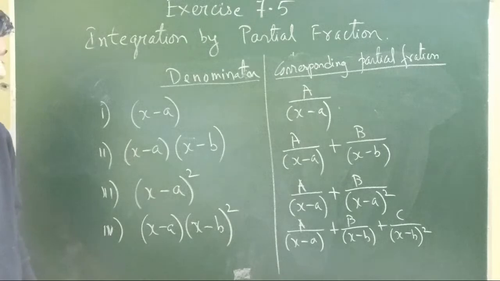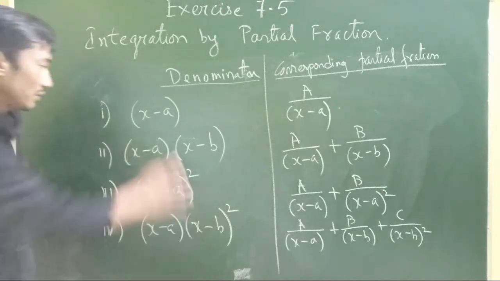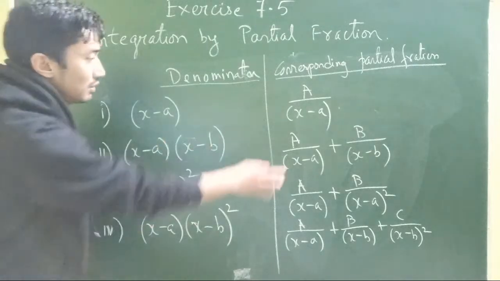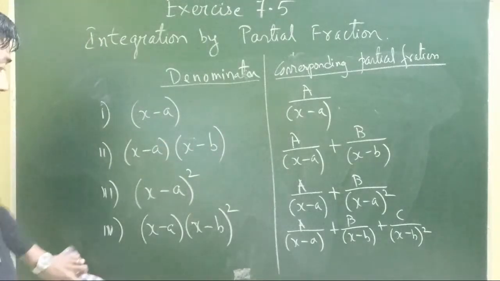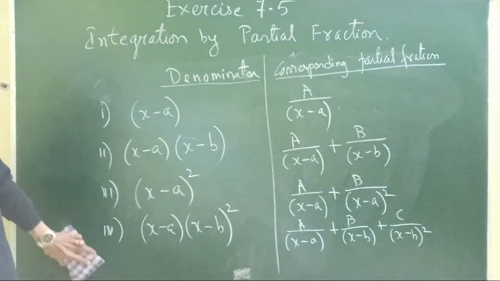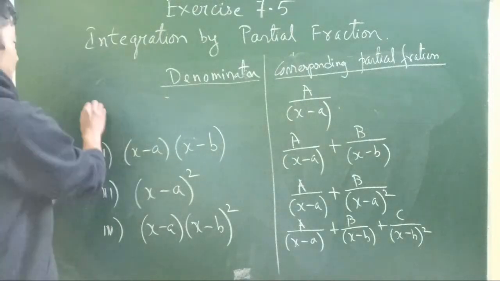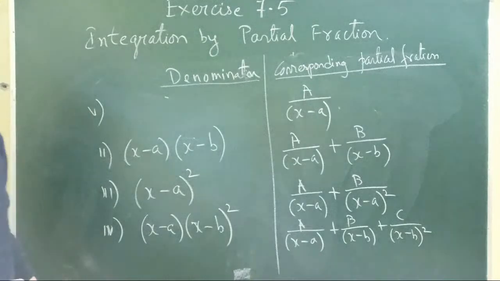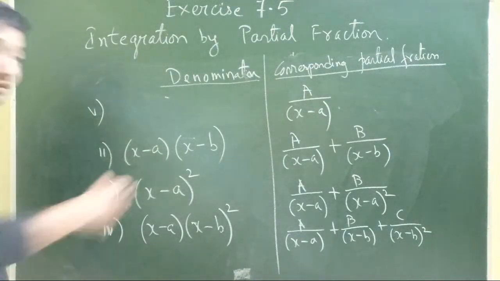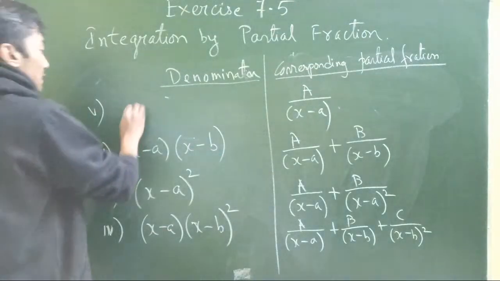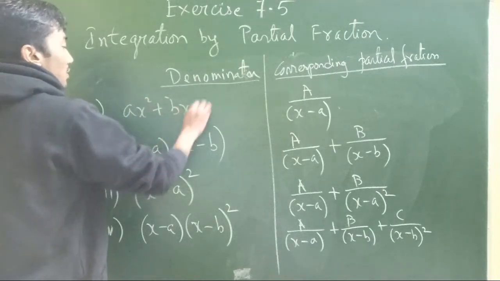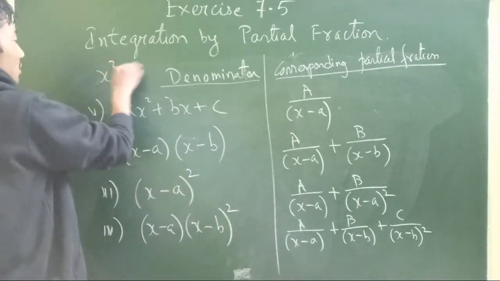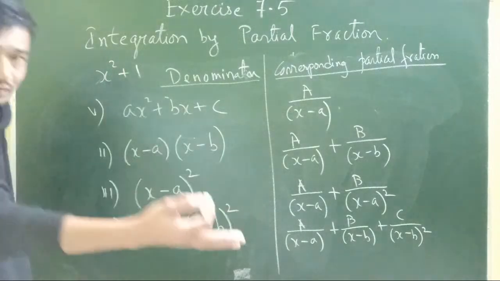Some of you may be confused, okay, what is going on here? Don't worry, when we do the exercises, things will be very clear. So in terms of simple factorized terms, we will be adopting this procedure. And the last one, number 5, if the denominator polynomial cannot be factorized further and ends up being a quadratic, for example, x squared plus 1, which cannot be factorized further.